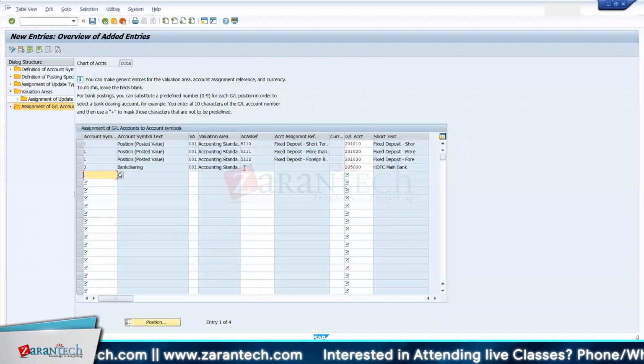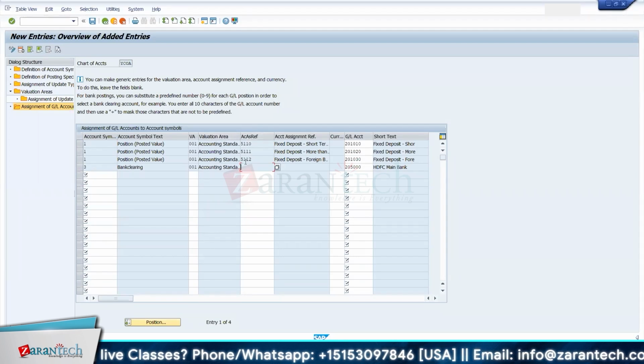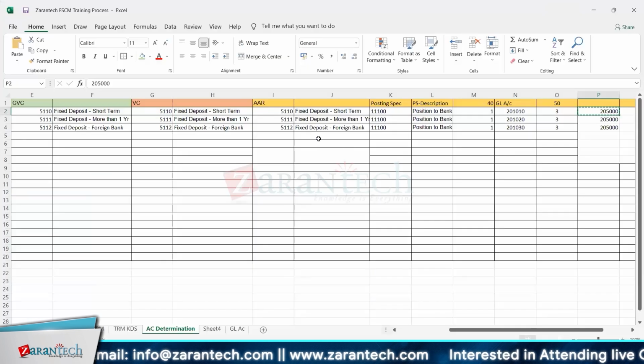It means for all the account determination for account symbol 3, currently the system will take this GL account, because I have kept this generic. Likewise, you can do the account determination with reference to account assignment reference, or sometimes you can keep it blank. But for the bank account, we can keep it blank, because my bank account determination will be generic.